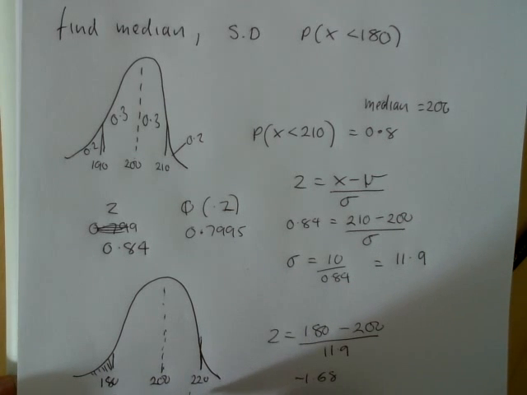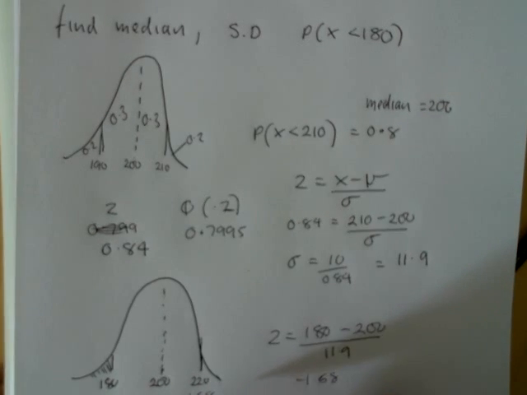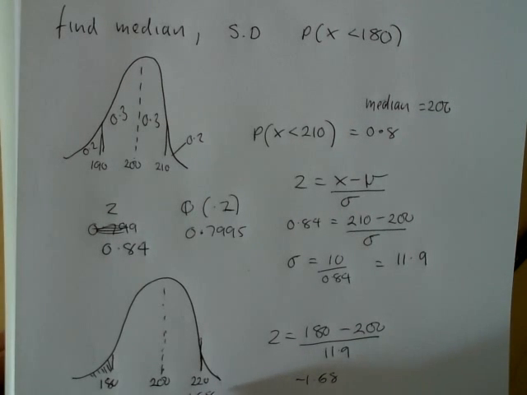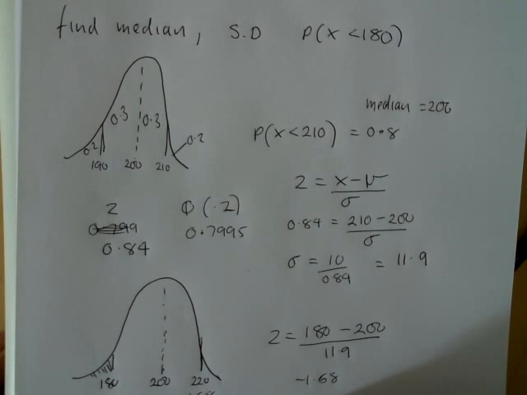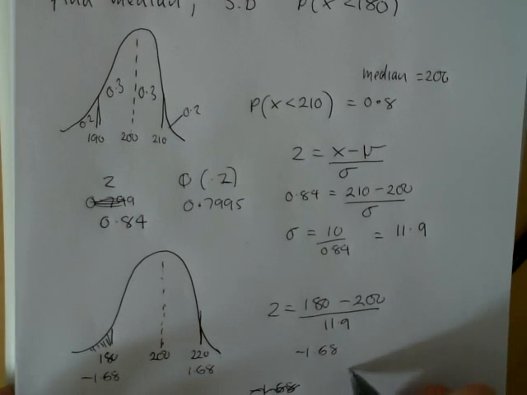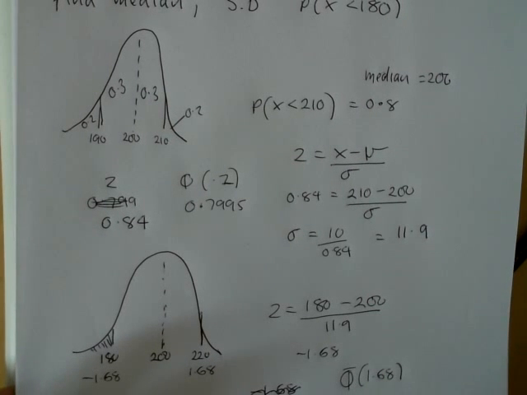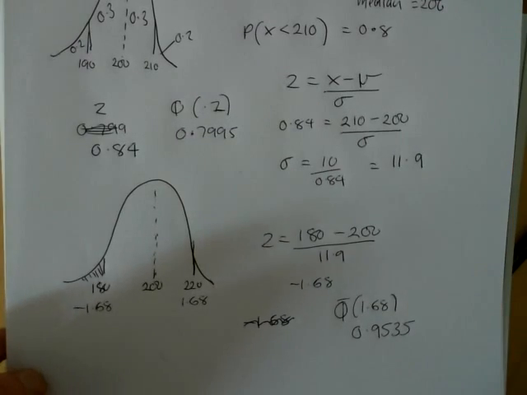So we've got our z value of minus 1.68. We look up the probability of 1.68 in the tables, and that gives me 0.9535.